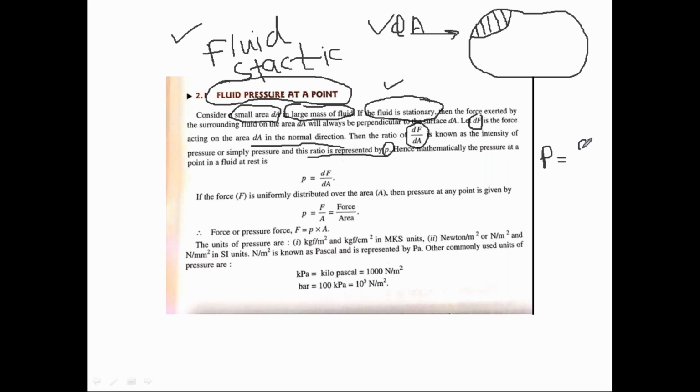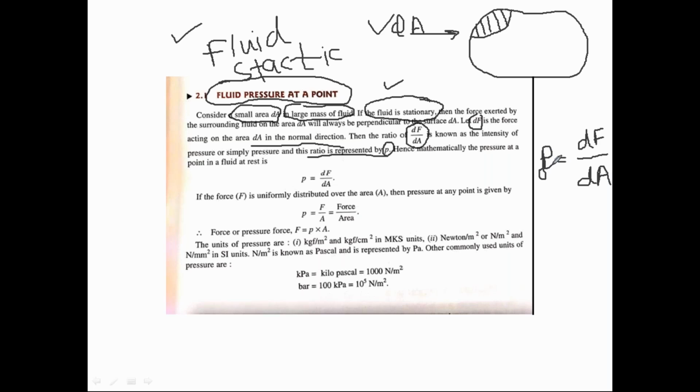So P has two names. I can write it in a mathematical formula this way. Remember, this dF is a small force, dA is a small area, and they are normal to each other. The force is acting in the normal direction.